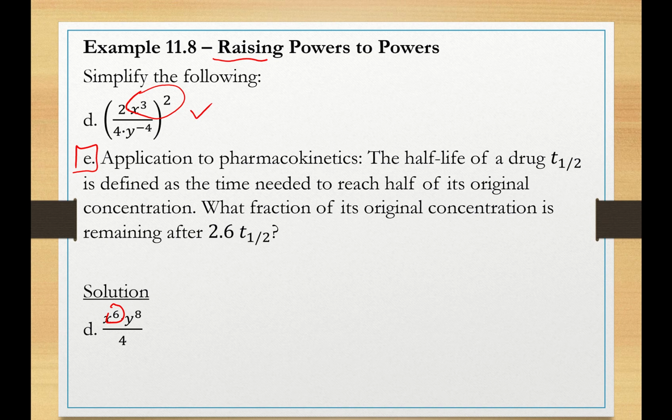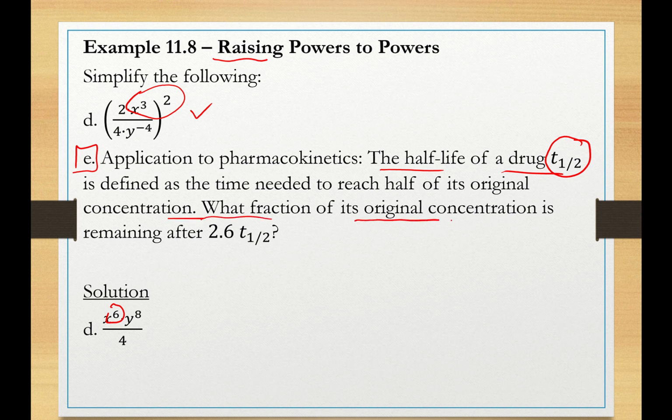This one is particularly useful because it is directly applied to pharmacokinetics. It helps us determine the concentration of a drug after a certain number of half-lives. The half-life of a drug, which is written as T half, is defined as the time needed to reach half of its original concentration.